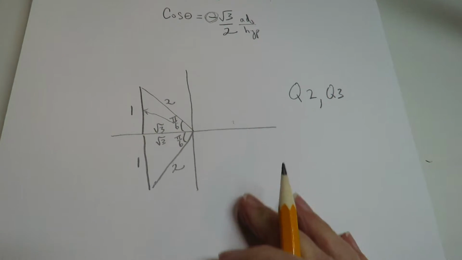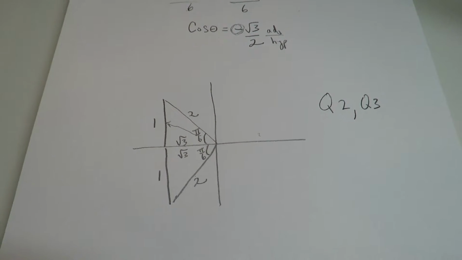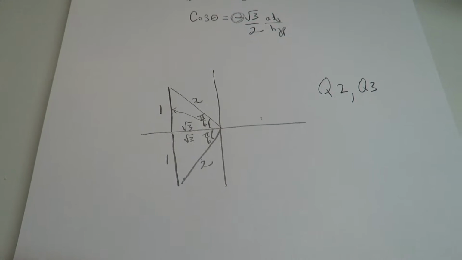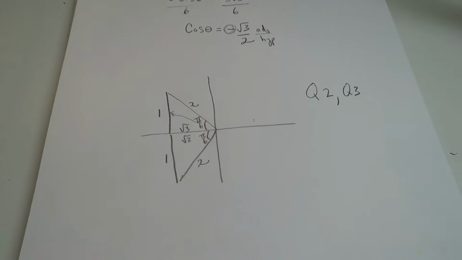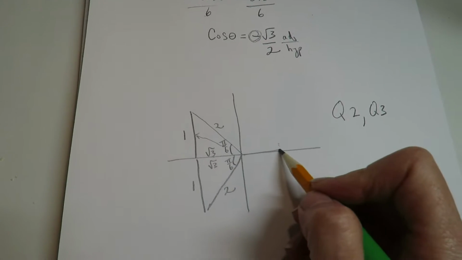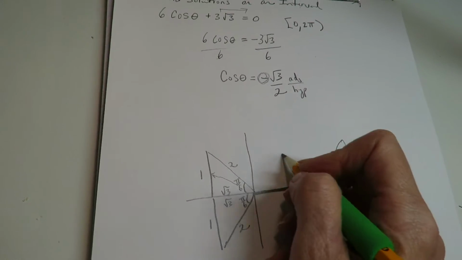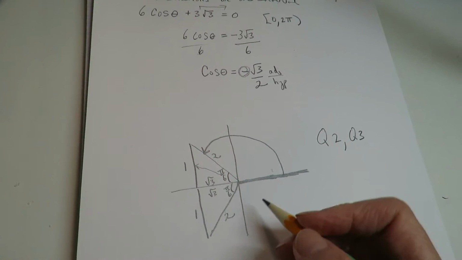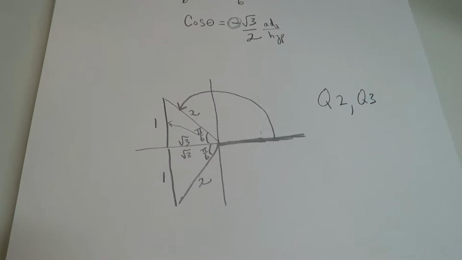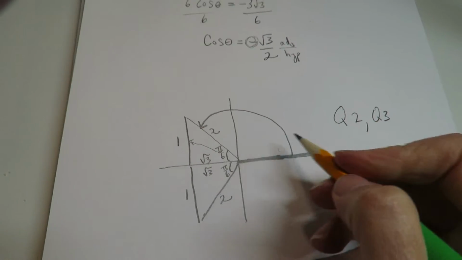So then I'm going to say, well, you have to give me your angle in standard position. Standard position starts here on the positive side of the x-axis, and then you have to rotate to your triangle. You have to rotate to your hypotenuse side.